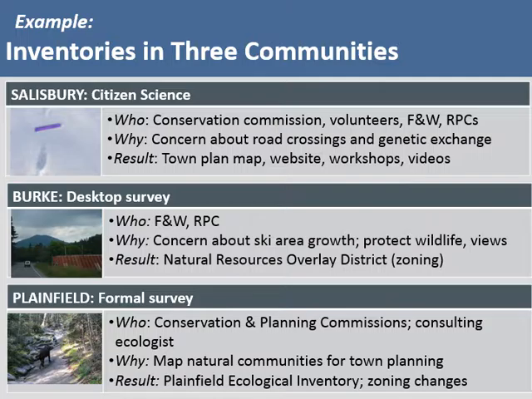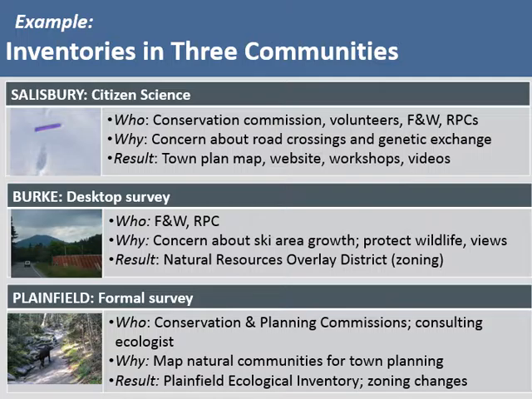They took this information about where wildlife was crossing. They made maps from it that eventually ended up in the town plan, on the town website, and did a variety of workshops and videos. The project generated a significant amount of investment and did have some specific results.